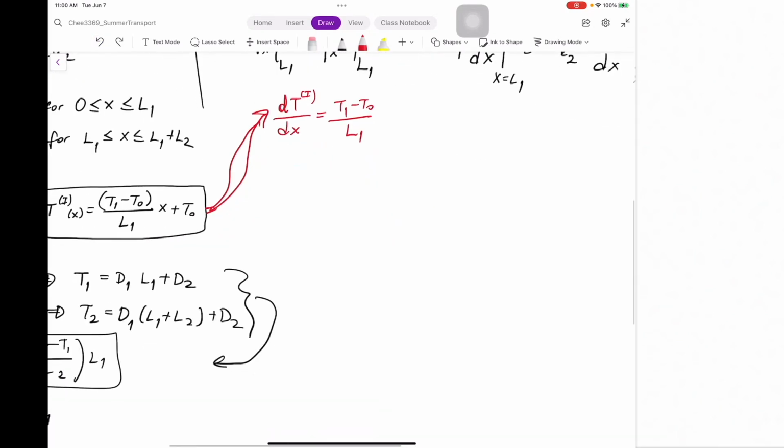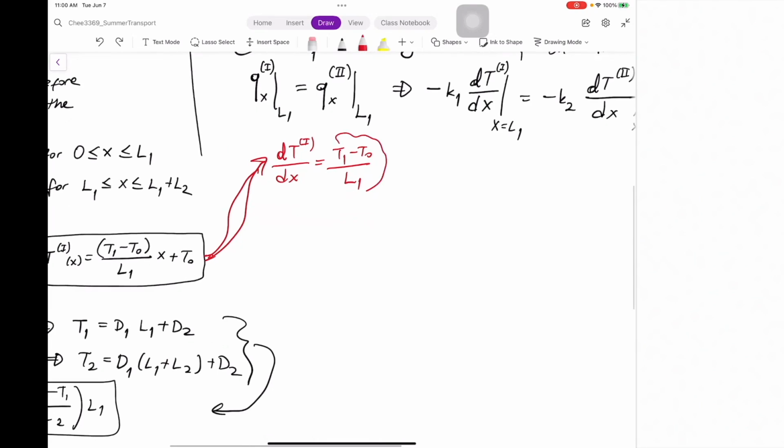And basically you know this quantity, and you can plug it in here.